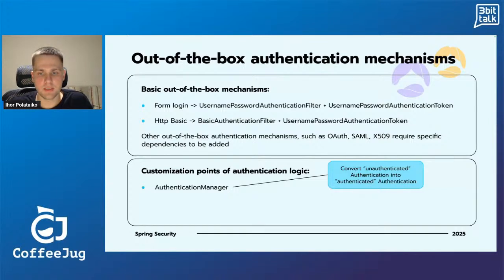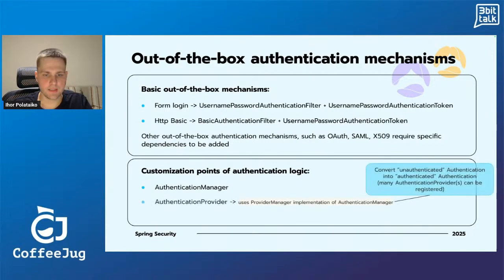First of them is AuthenticationManager, and its job is to convert unauthenticated authentication into an authenticated one. So it performs authentication rules. It receives unauthenticated authentication, and you remember we were talking about that: the authentication can be used to transfer the authentication credentials of the request. Then the job of the authentication manager is to convert it into an authenticated one.